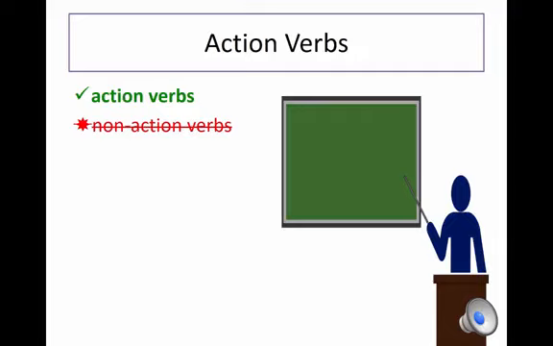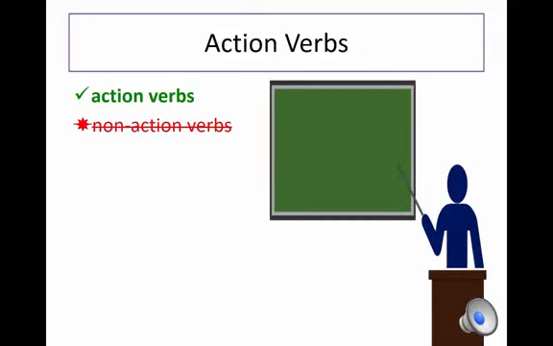Here are a few more examples of non-action verbs that we shouldn't use with the present perfect progressive, except in special cases. Like, understand, seem, taste, have, appear, prefer, and there are many others.